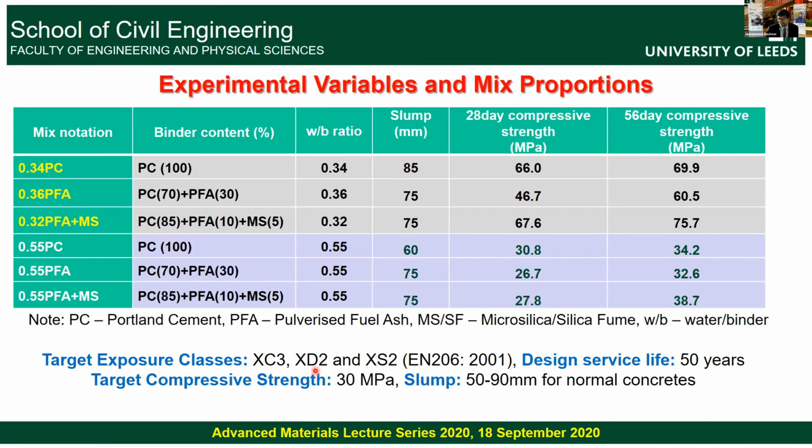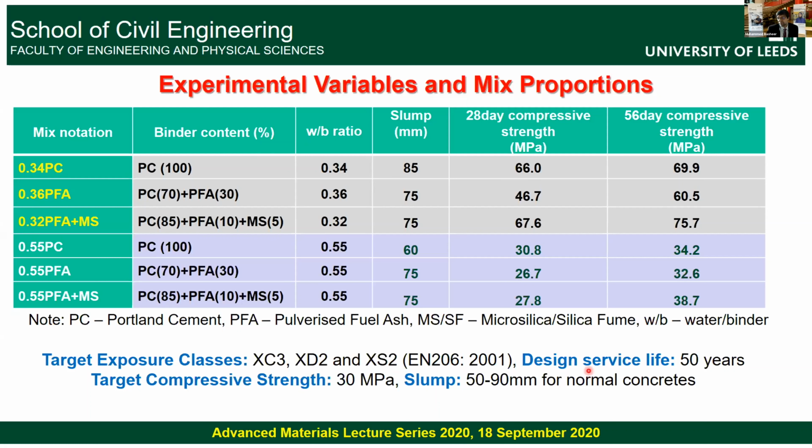And particularly this particular exposure regime is almost like a submerged condition in presence of chloride. And the next one is seawater exposure, again completely submerged. These exposure classes were simulated in the lab for the investigation.